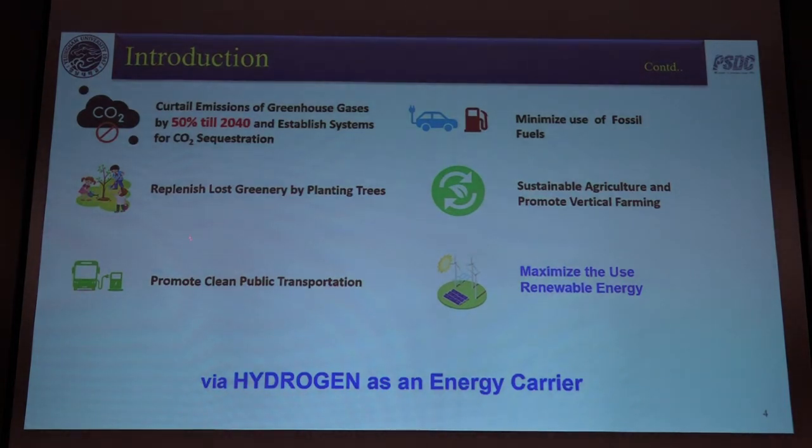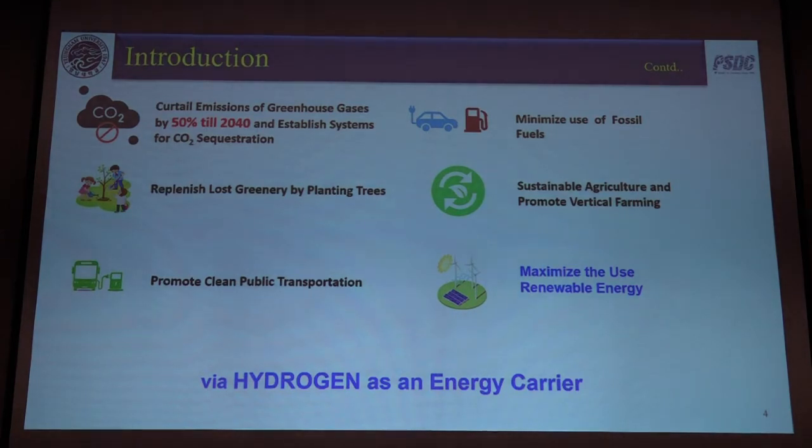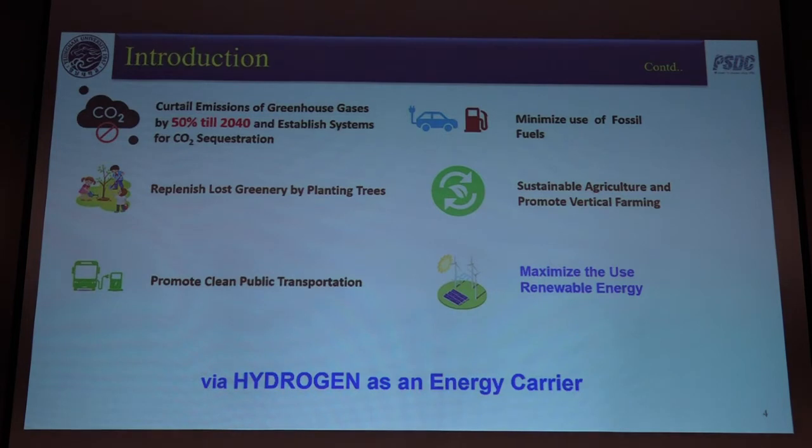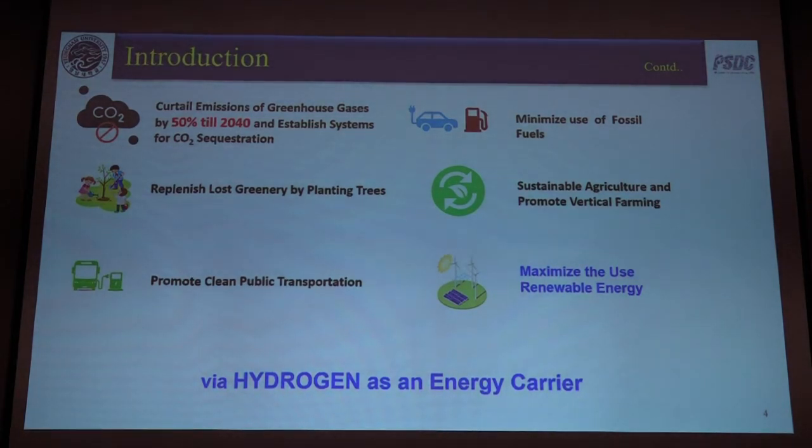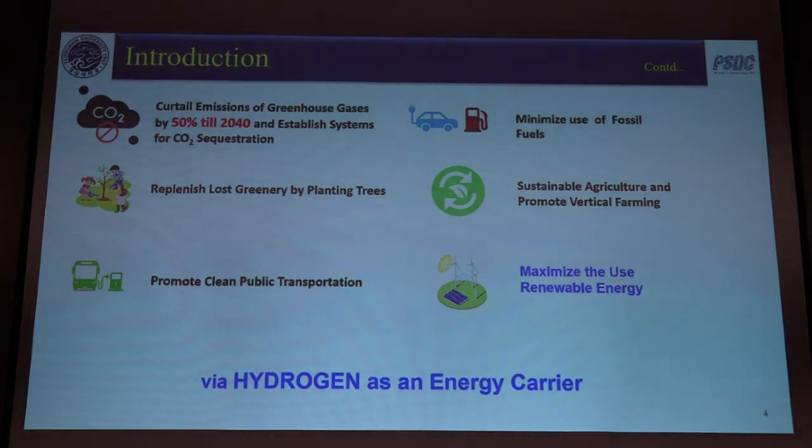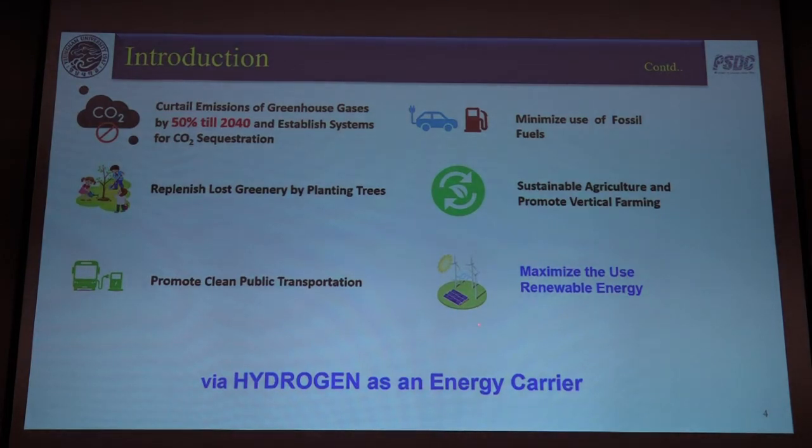And for that particular reason, we need to minimize the use of fossil fuel, of course, but at the same time, we have to maximize the use of renewable energy. But with renewable energy, there is a catch. With every solution, there is a catch. With renewable energy, we have the problem of intermittency and security of supply. These are the two core issues, but there is another one.